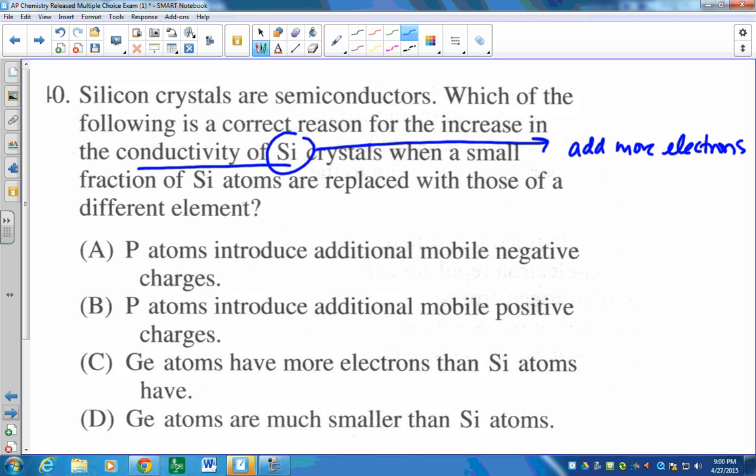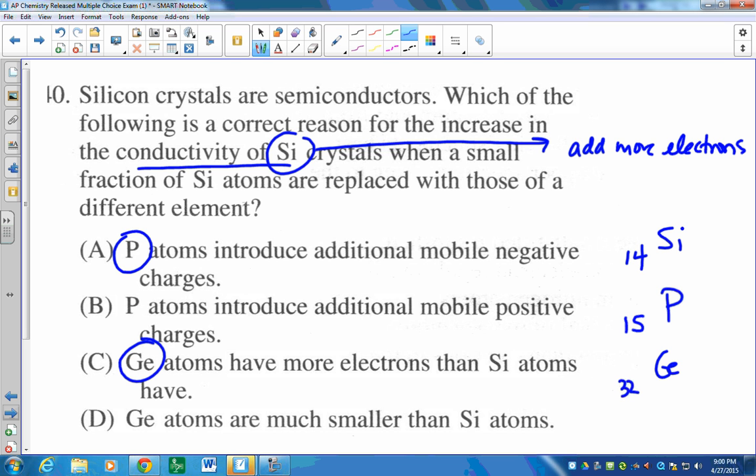If you want a semiconductor to conduct electricity less, you have to remove electrons. Now, if you look on here, silicon has 14 electrons. Then it talks about phosphorus and germanium. Phosphorus has 15 electrons, and germanium has 32 electrons, but it's not that simple.